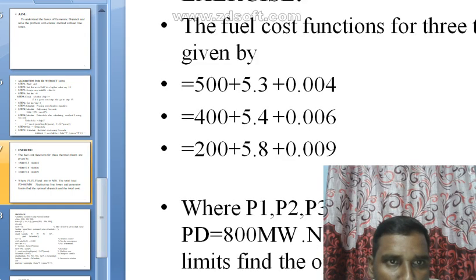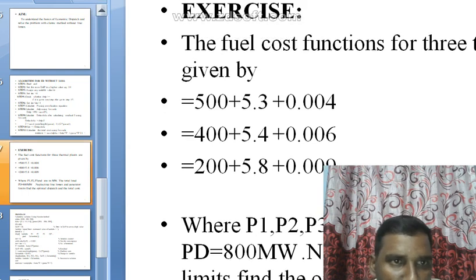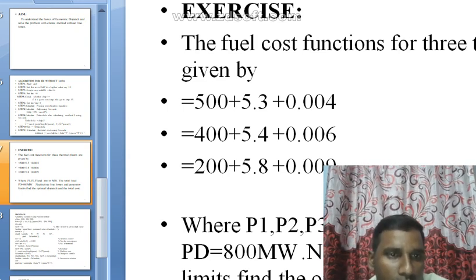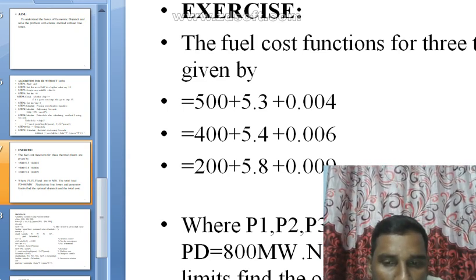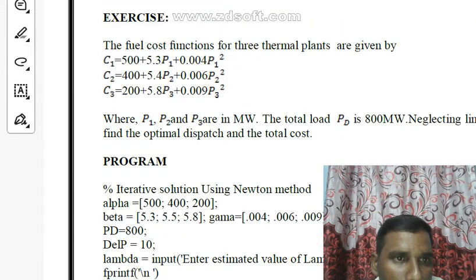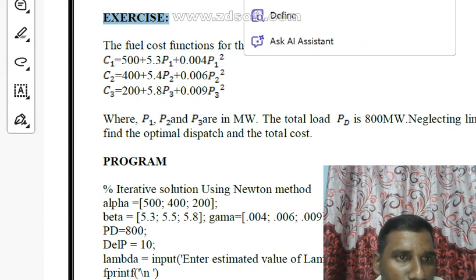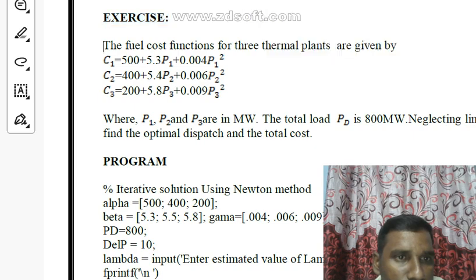Next, the program. Before the program, we have to discuss one exercise problem. The fuel cost functions for the 3 thermal power plants are given. That means C1 is equal to 500 plus 5.3 P1 plus 0.004 P1 square.